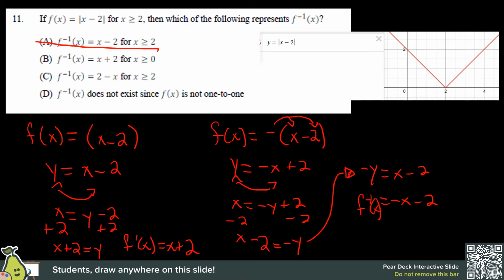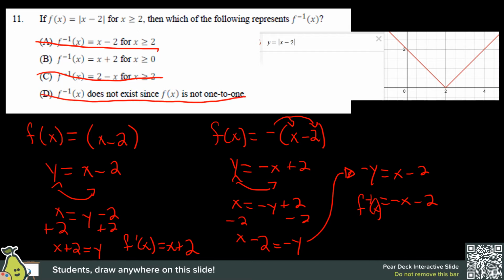X plus 2, and then this 2 minus x, okay? Even if we were to switch these values of negative x and negative 2, that still wouldn't work out. And f inverse of x does not exist. F of x is not 1-to-1. That's not true, so we can cross that out as well.